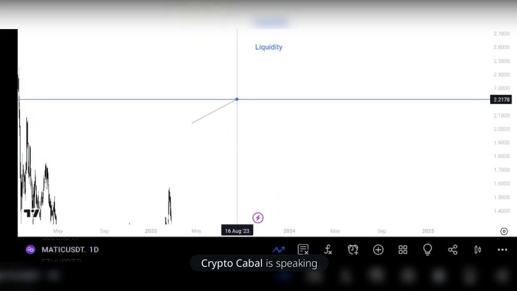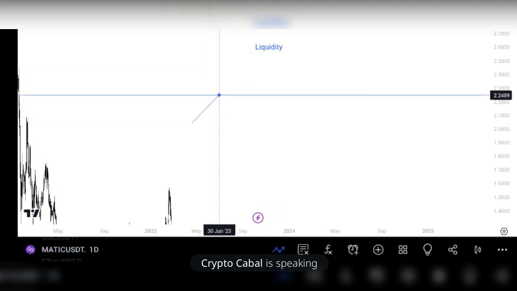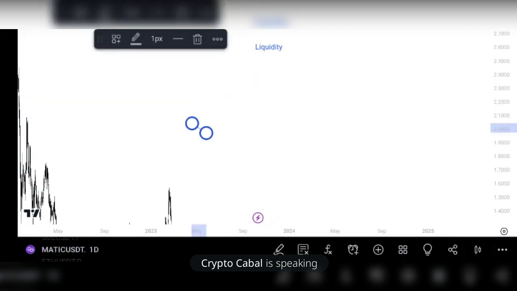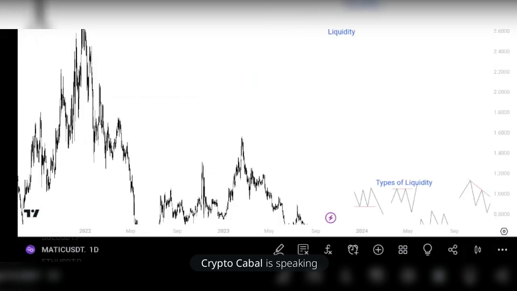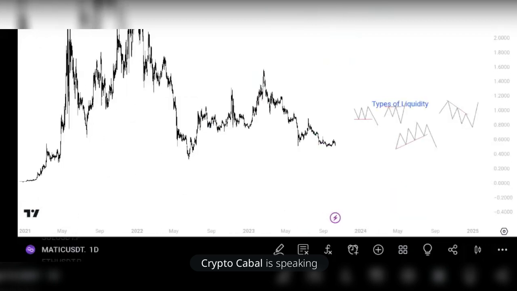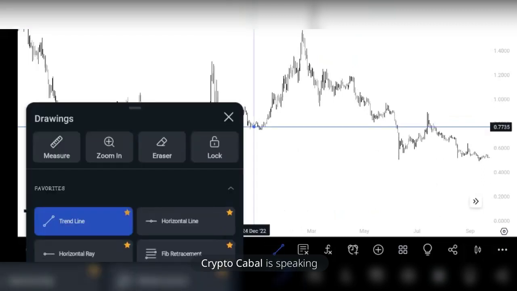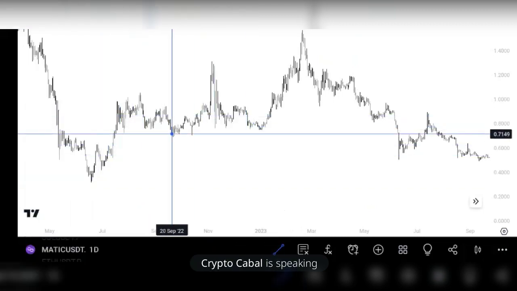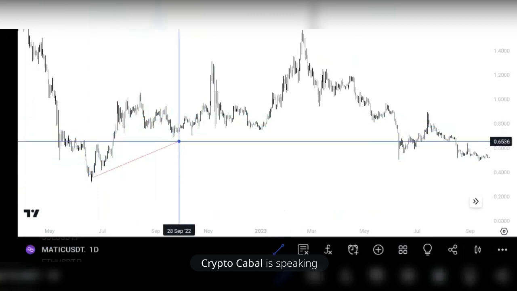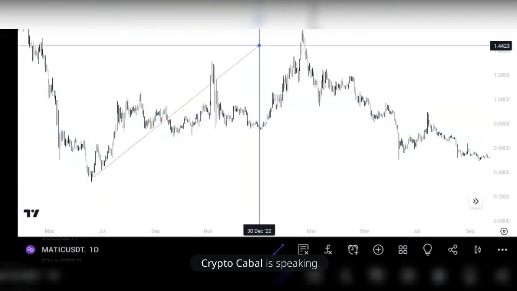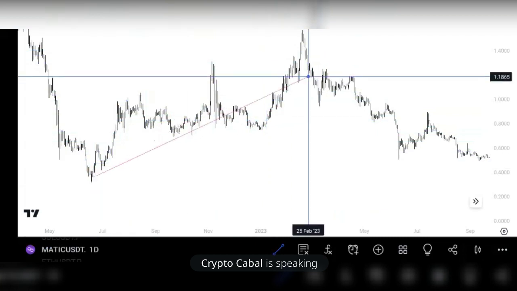And now there's what we call a liquidity pool. For those who are familiar with Web3 and DeFi, we have what we call liquidity pools. Now, when it comes to trading, let's take for example all this gap. When price pushes upward, it moves up from this point to this point.